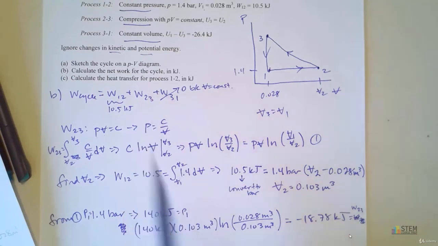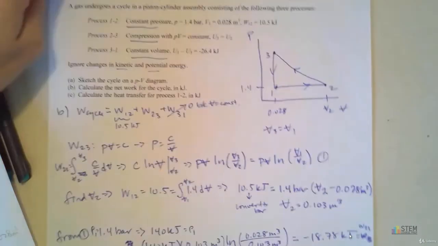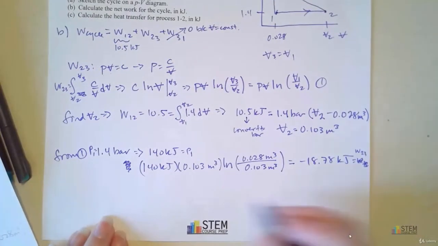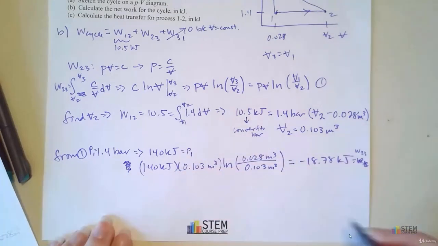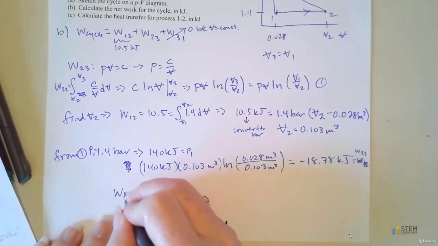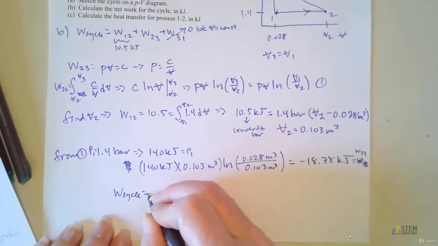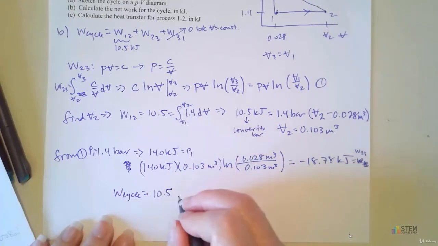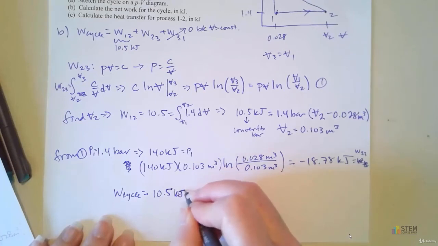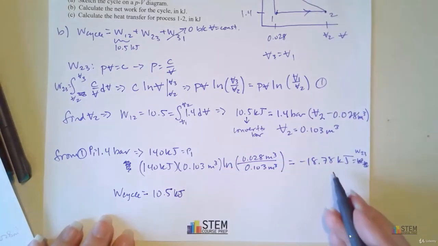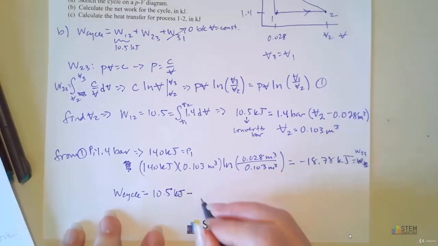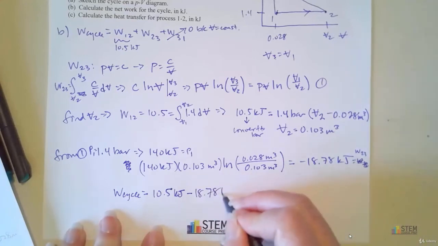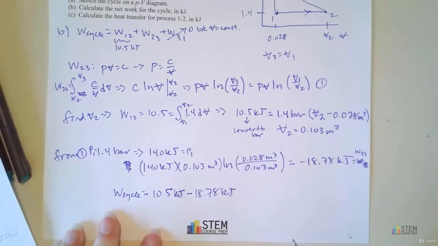Now let's take it and we're going to plug it back up into here. Hopefully I won't write anything else incorrectly. Okay, so the work of our cycle then is going to be 10.5, because that was the work for 1, 2. That's in kilojoules, and then we have the minus 18.78 kilojoules from right there.